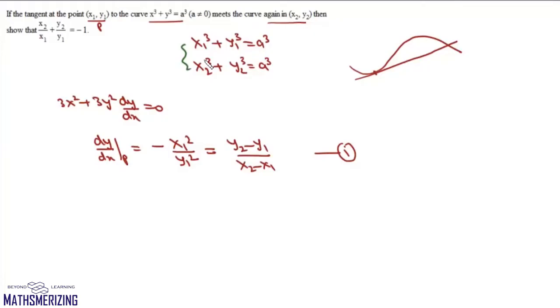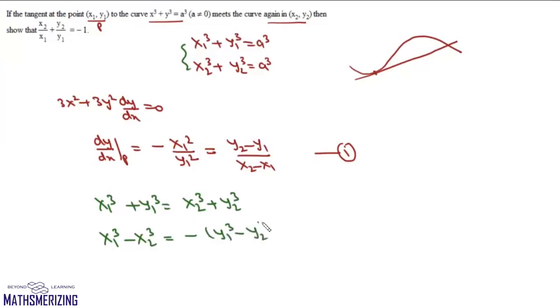Now from these two given equations, we can write x1 cube plus y1 cube equals x2 cube plus y2 cube, or we can write x1 cube minus x2 cube equals minus (y1 cube minus y2 cube).